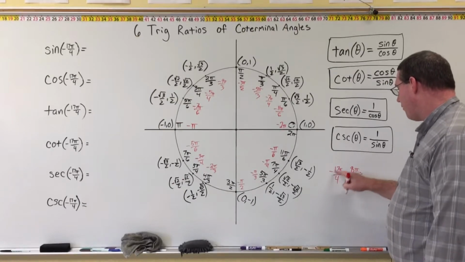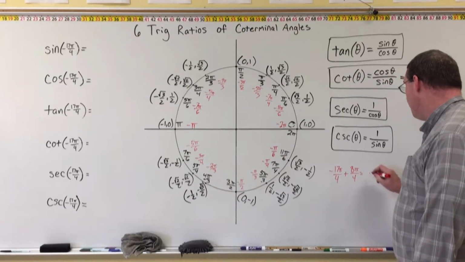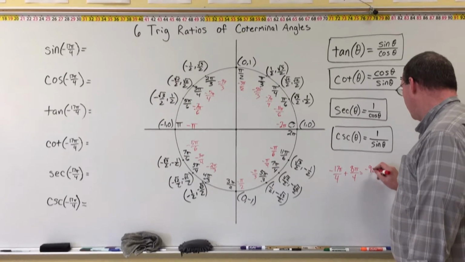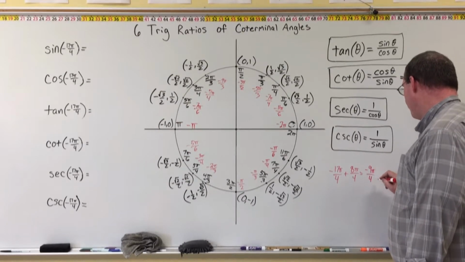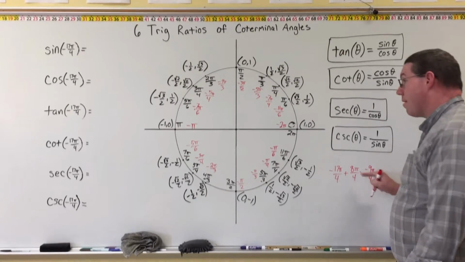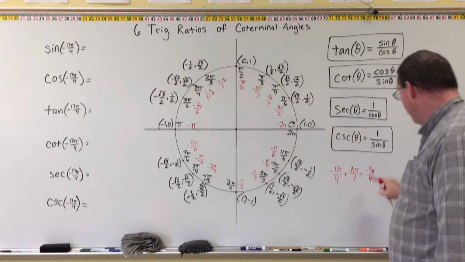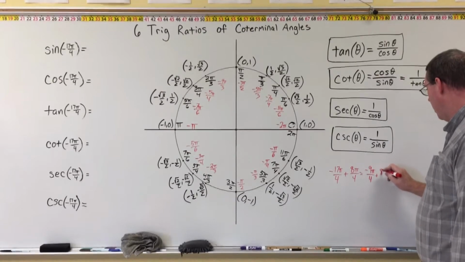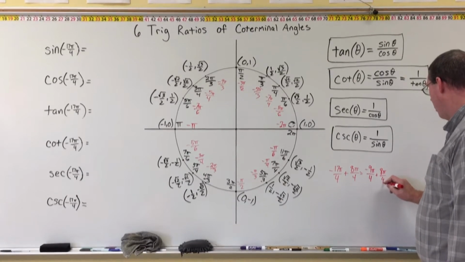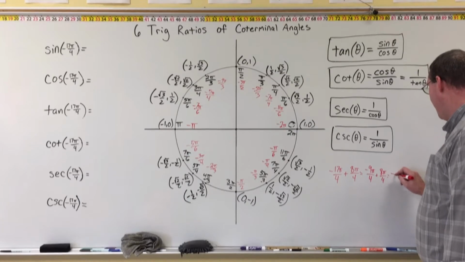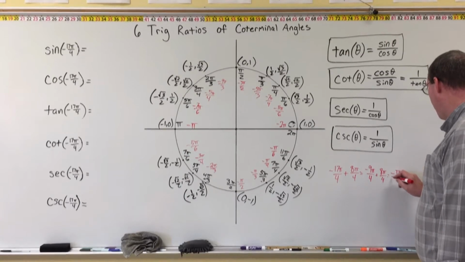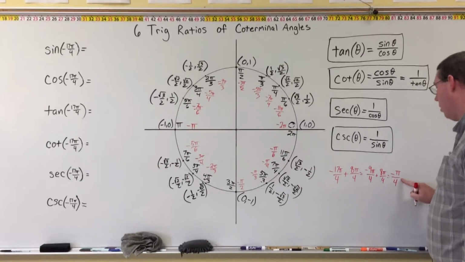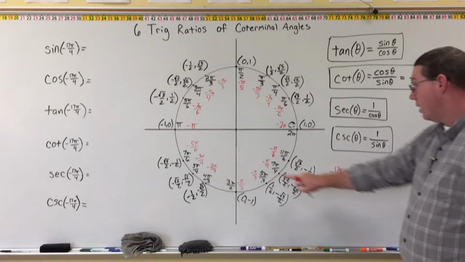Okay, well, negative 17 pi plus 8 pi is negative 9 pi over 4. And now, that's not one of our regular numbers. It's still negative. So once again, we need to add 8 pi over 4. And that gives us negative 1 pi, or just negative pi over 4, right? Okay, which is right here.